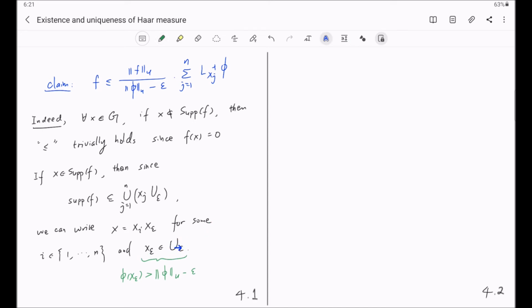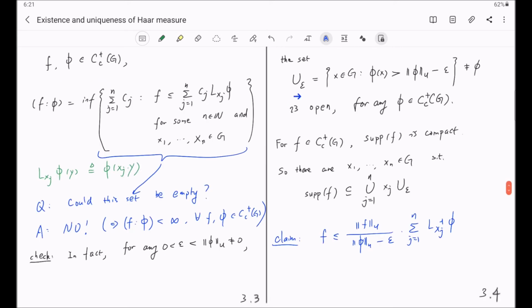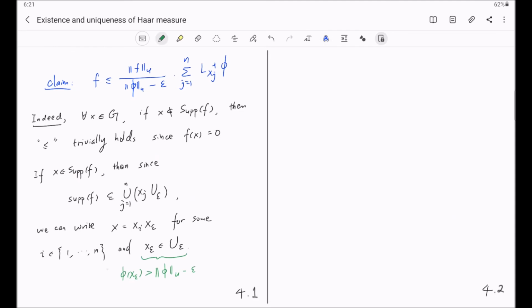This is how we defined u sub epsilon up here. So it follows that if you consider this quotient, the sum of left translations of phi acting on x divided by the supremum norm of phi minus epsilon.